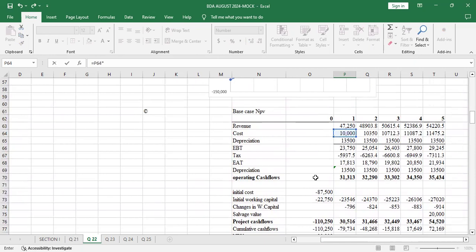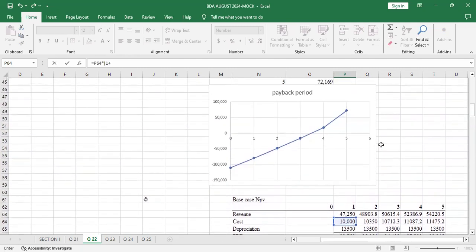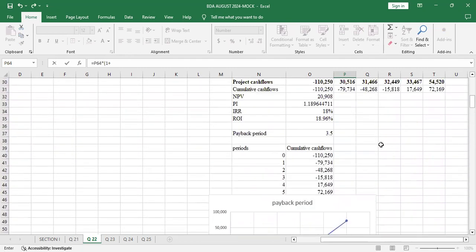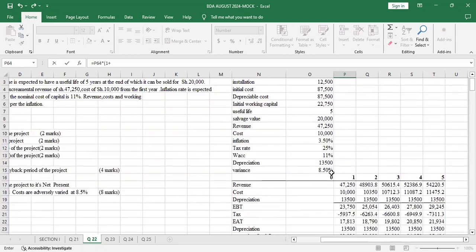Then I'll multiply by bracket 1, but this time I'll add, because if costs are adversely affected, it means they increase. So I'll say 1 plus the variance, the 8.5%, then I close the bracket.